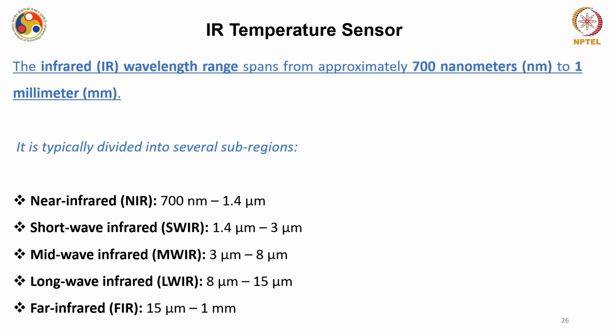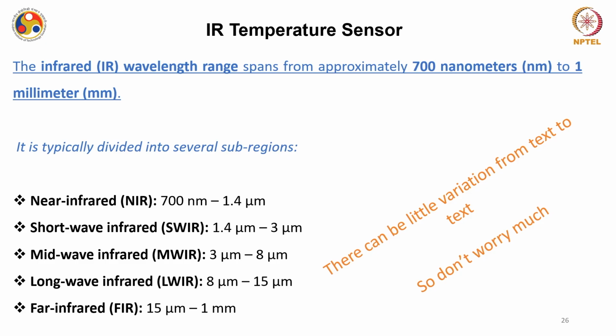Then we have mid-wave infrared or MWIR, which ranges from around 3 micrometer to 8 micrometer, and then you have long wave infrared, we call it LWIR, it ranges from around 8 micrometer to 15 micrometer, and then you have the FIR, which is the far infrared region, which is anything beyond 15 micrometer, and it spans to around a millimeter.